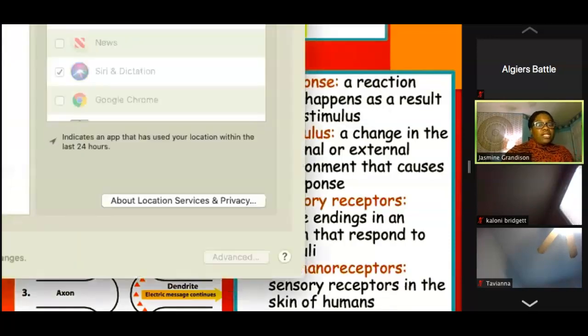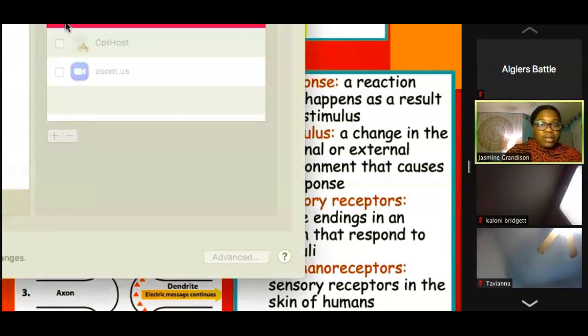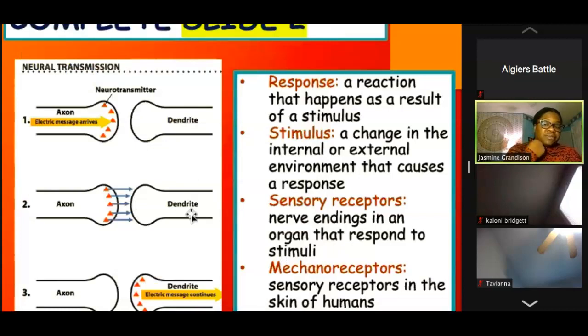And then the electricity moves the neuron to the next neuron, and then on towards the brain or towards whatever chemoreceptor or photoreceptor is going on for that movement.